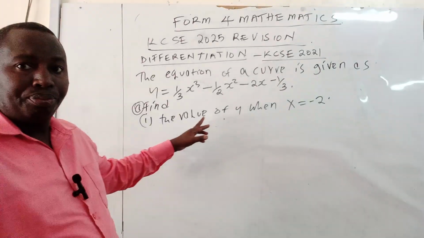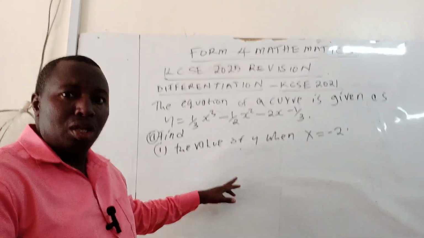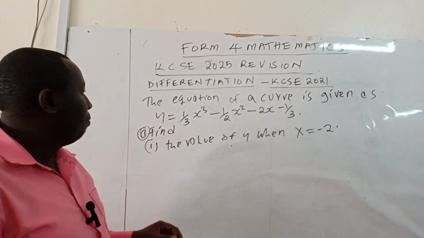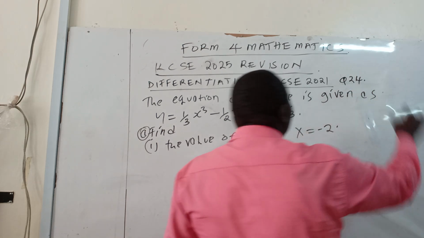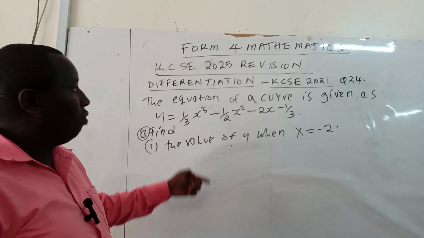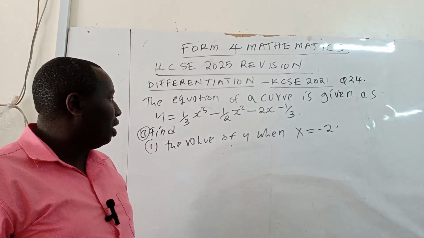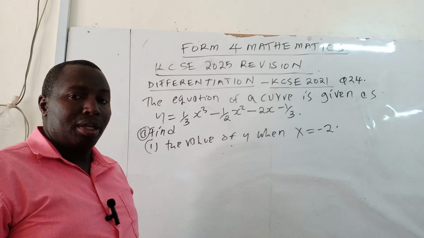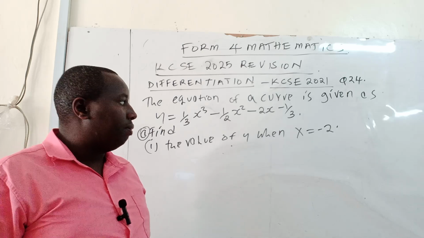The question is here. Now, KCSE 2021, this was question number 24. You're given the equation of a curve as y equals a third x cubed minus a half x squared minus 2x minus a third.